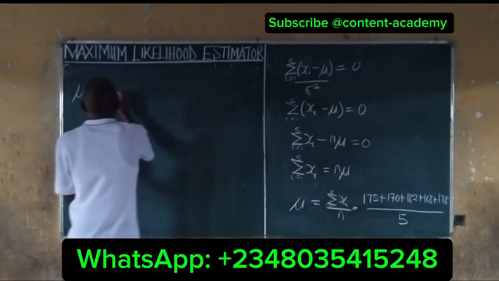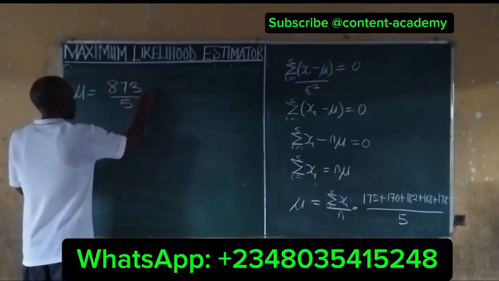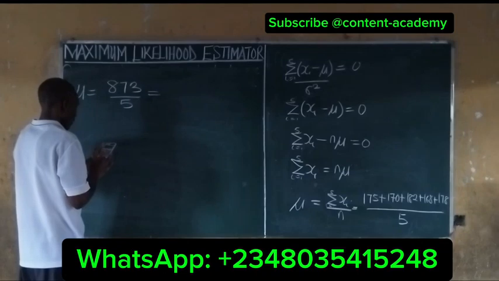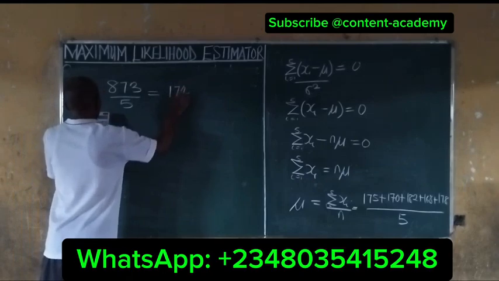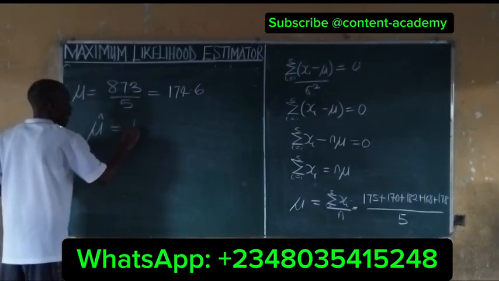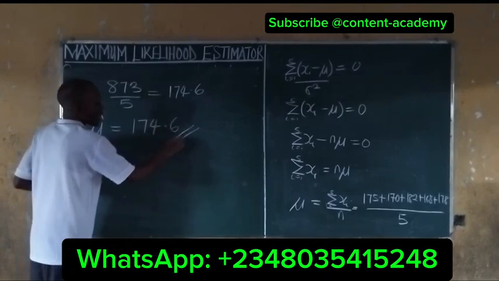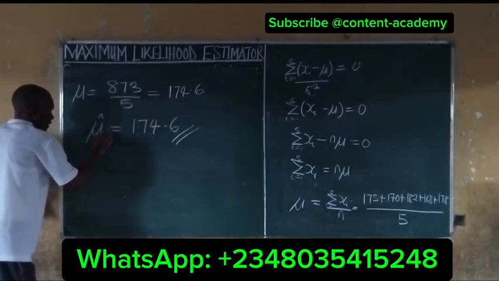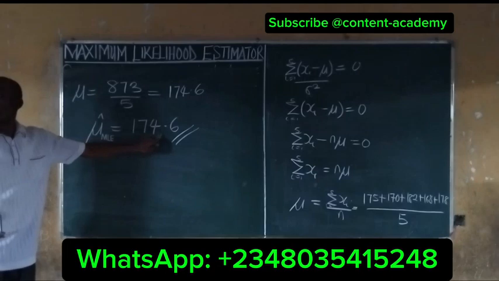So we get 873 divided by 5, which is equal to 174.6. So our estimate will be equal to 174.6. So this becomes our maximum likelihood estimator. Our maximum likelihood estimator for the mean is 174.6.